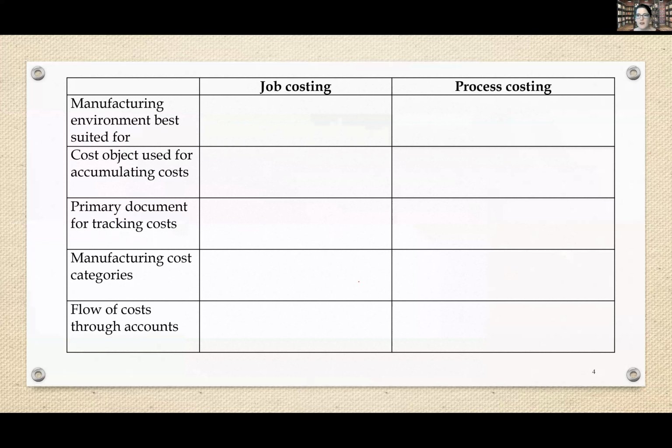Or if we're making a very custom ordered instrument, we can directly trace to that instrument. If we're in the service industry and you're an attorney or a CPA, each particular client and the services you provide for that client can be directly traced to that client. So this is when you have products with distinguishable characteristics.